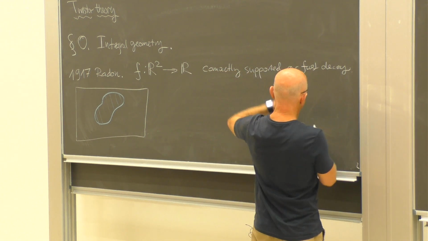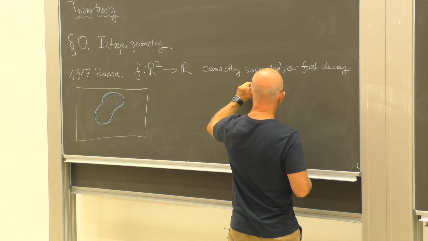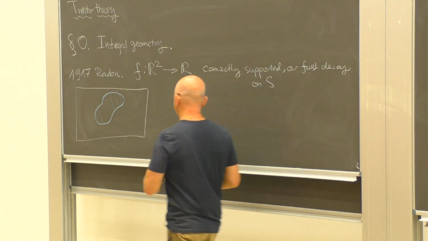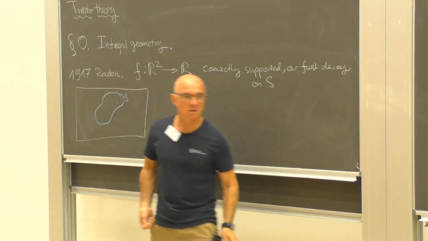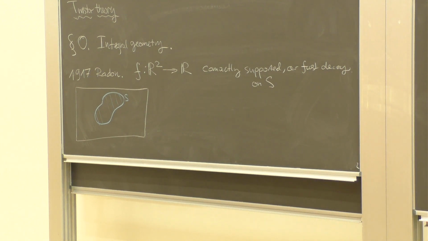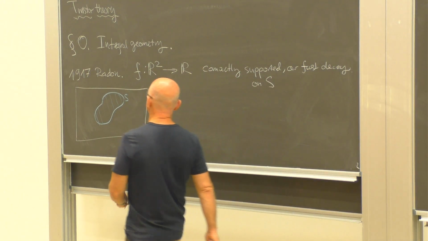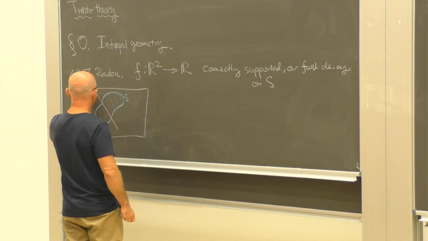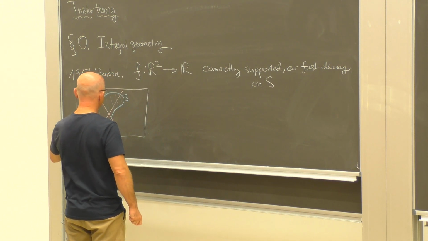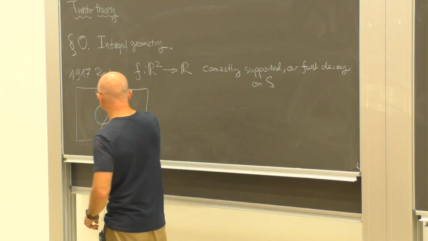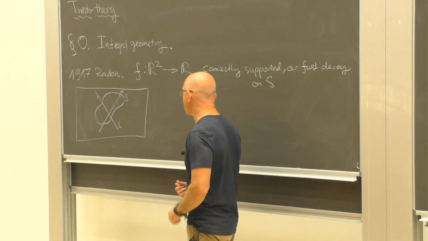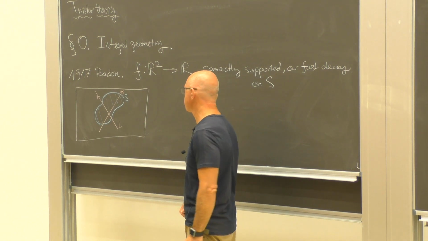So it's compactly supported on S. That's S. And now you draw all possible oriented lines. Here's a line. Here's another line.